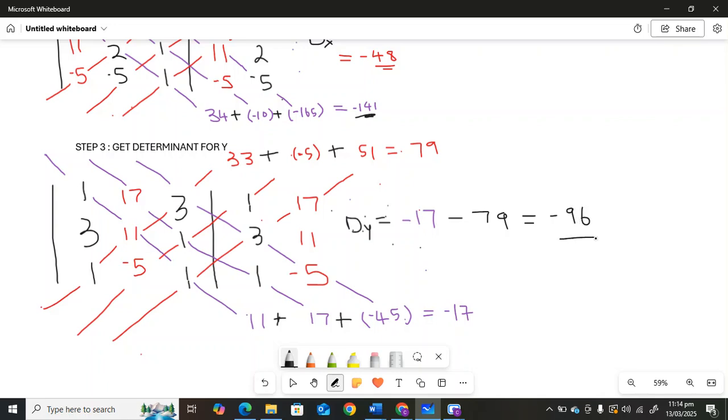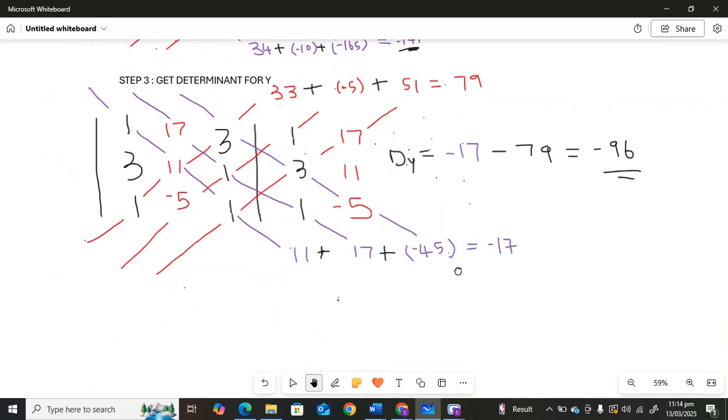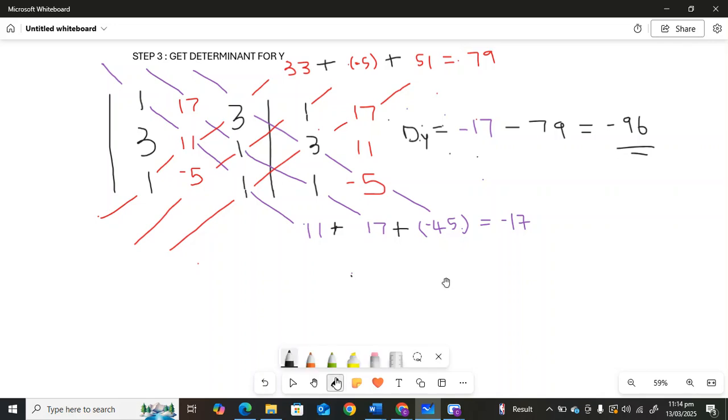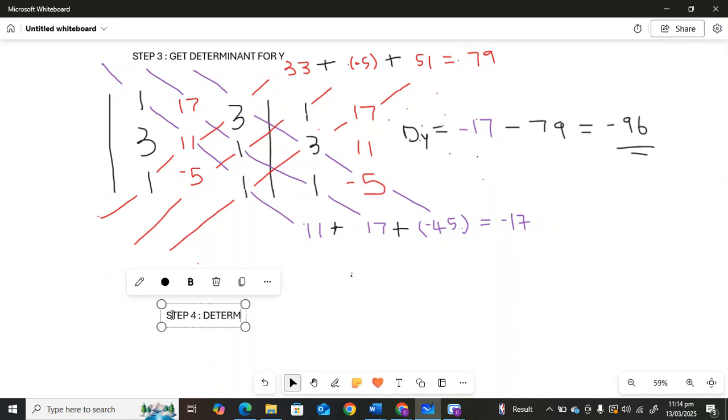Okay, so that is dy. Final step, step 4, get determinant. So just remember this Cramer's rule, you're just getting determinants, okay? That's all you are getting.